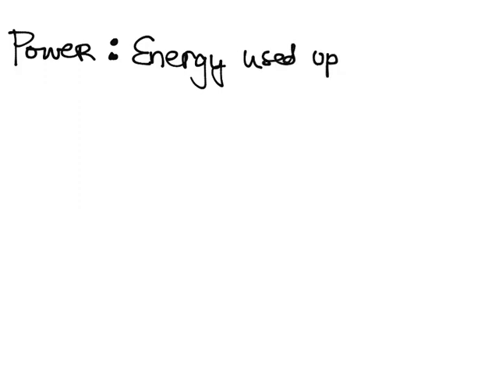And then the last thing we're going to talk about is power. Just like in normal energy that we've done before, power is going to be energy used per time. So it's energy used up by a circuit per unit time.